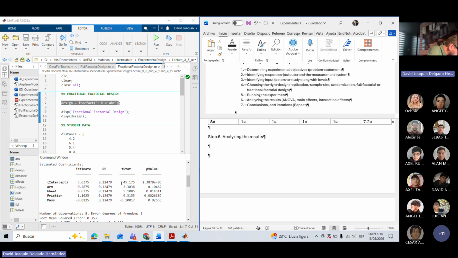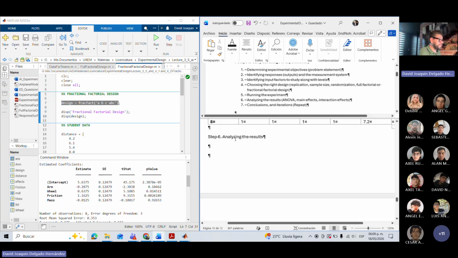So these are the coefficients. What are the important coefficients here? Look, you have the intercept, which is the independent term. You have the wheel and the friction. What happens with the arm and the mass? They don't matter, because these p-values are very large.